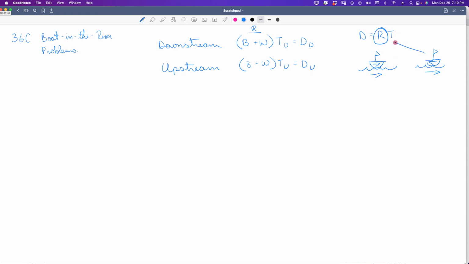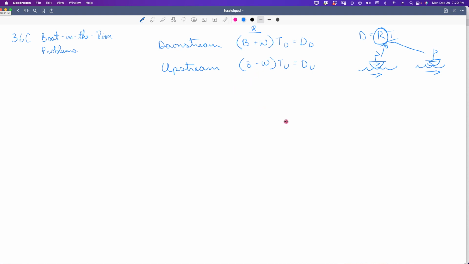And that becomes the rate in the rate times time equals distance problem. So we have two different ways depending on the scenario. We have to know whether the boat is traveling upstream or downstream, and that tells us which one to use in the given situation.